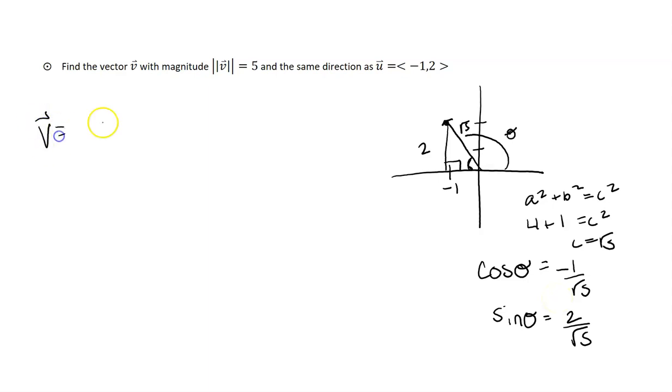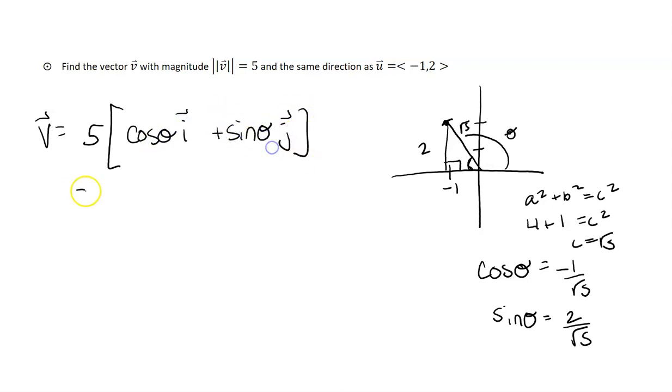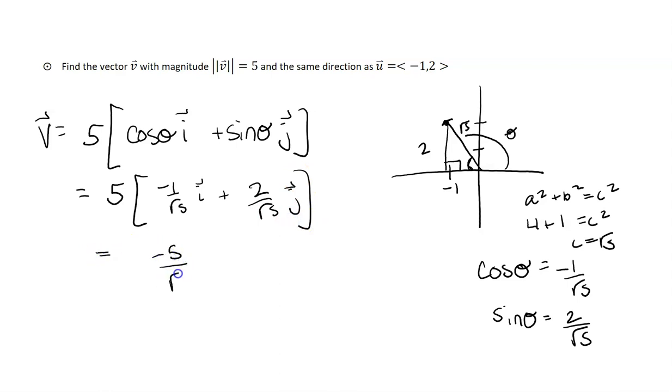So you could say v equals 5 times cosine of theta i plus sine of theta j, which is 5 times -1 over the square root of 5 i plus 2 over the square root of 5 j. And then if you distribute that, you get the following numbers.